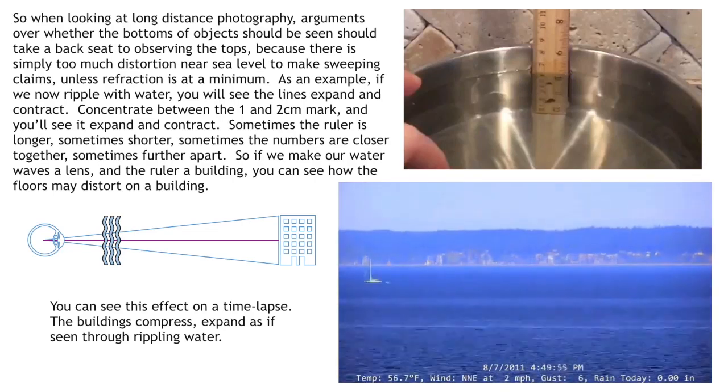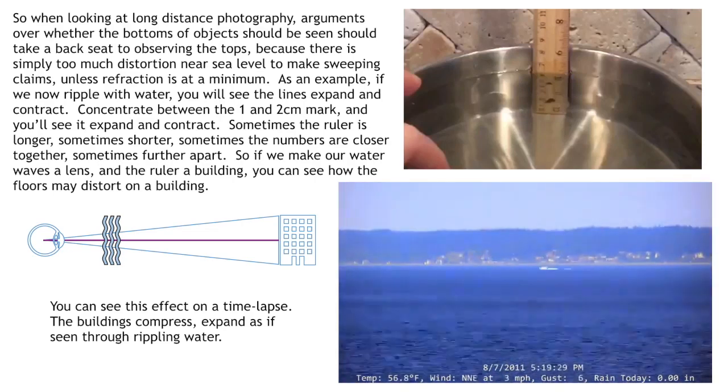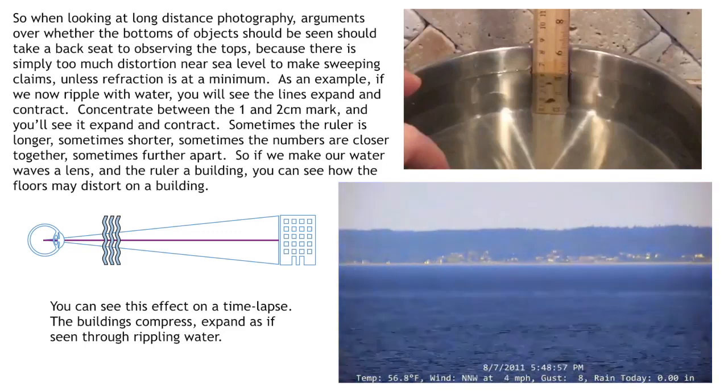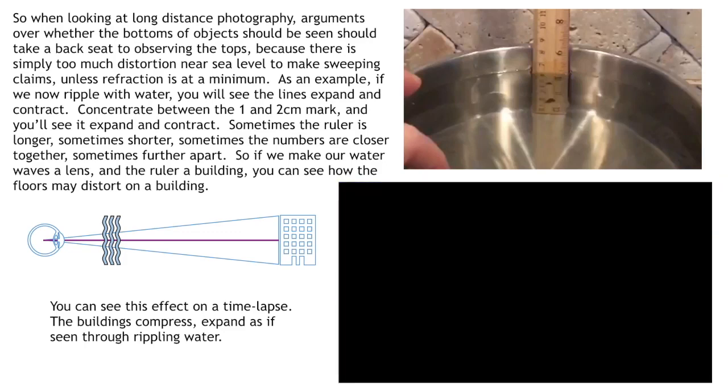It's almost as if you are looking through rippling water to see these effects. So I've kind of depicted that here on the diagram. It's almost as if you're looking through these wavy phenomenon or wavy atmospheric conditions to see an object with various lensing effects.